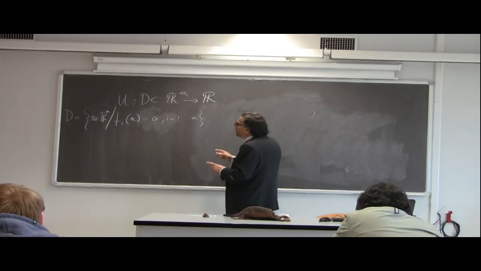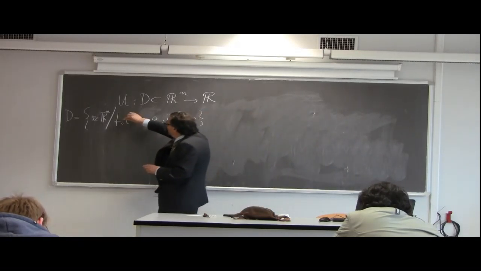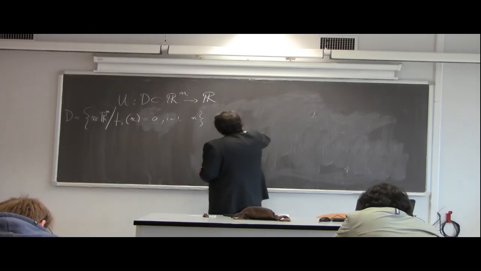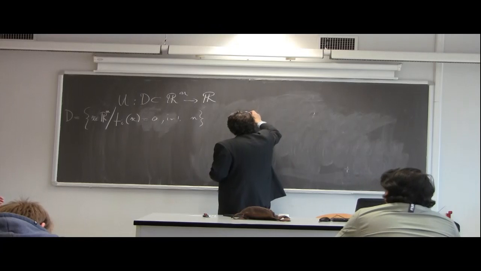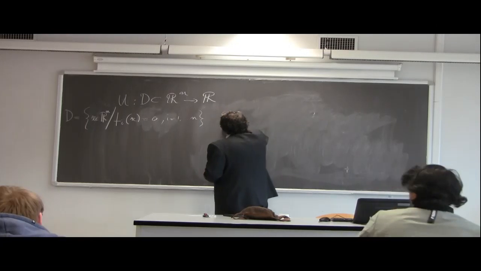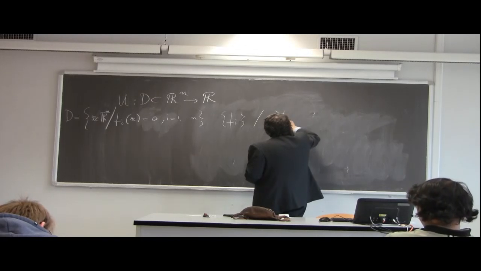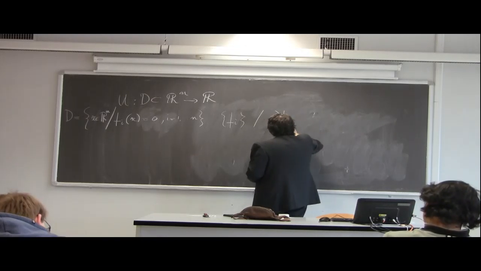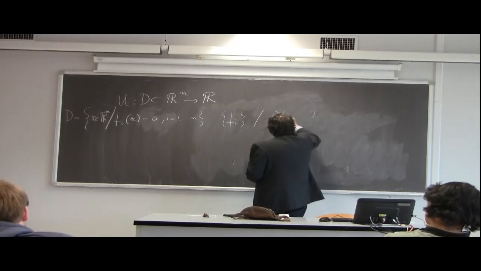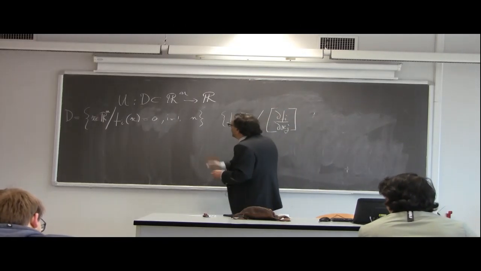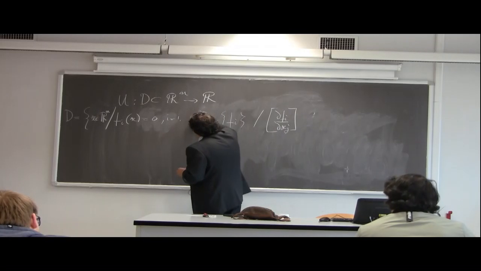And we discussed that this set of functions must be such that the Jacobian matrix df_i over dx_j, this is k by n.